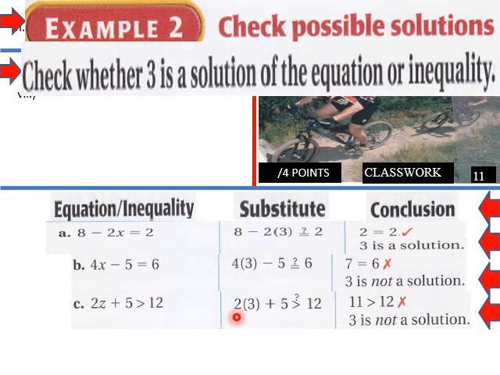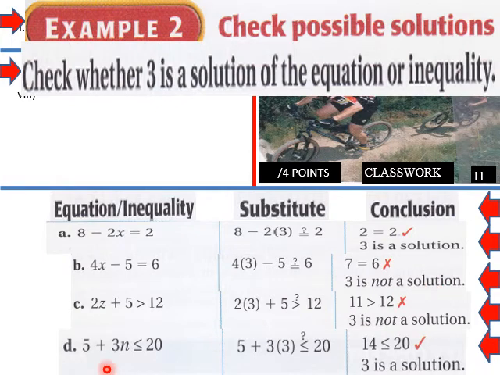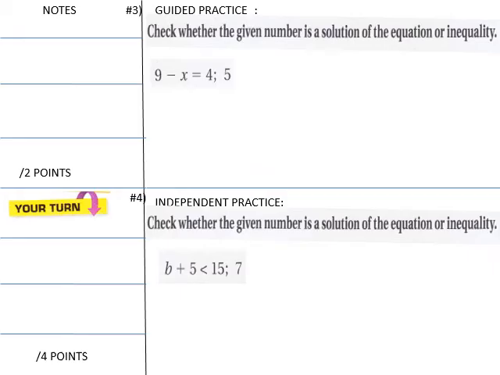And then for our inequality here, 3 is not a solution. We plug in 3 here for z. 6 plus 5 is greater than 12. No. So 3 is not a solution there. And then here for d, 5 plus 3 times 3, is that less than or equal to 20? So yeah, it is actually. So that would be part of the solution for this inequality here.